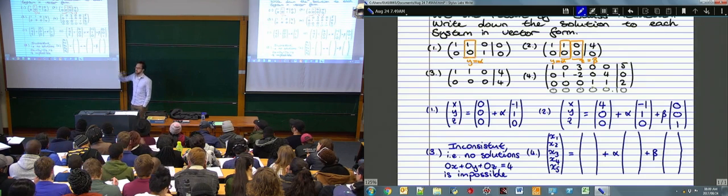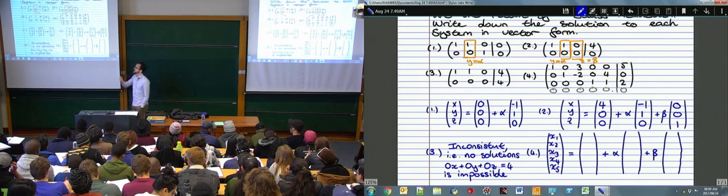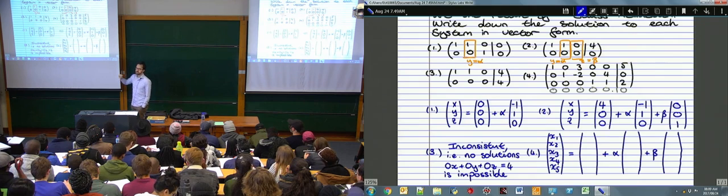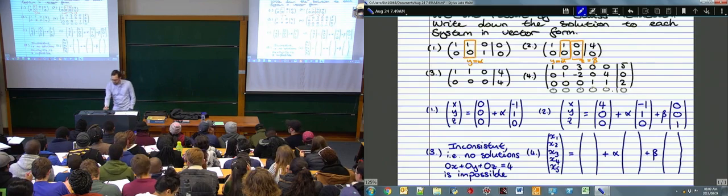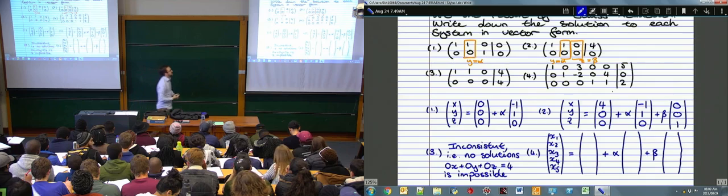I still have 5 columns. I've just added an extra row of zeros. And it also doesn't change which of the rows have pivots in them, right? The rows that had pivots still have pivots, and the rows that don't have pivots still don't have pivots. So these rows of zeros at the bottom effectively make no difference to the solution.